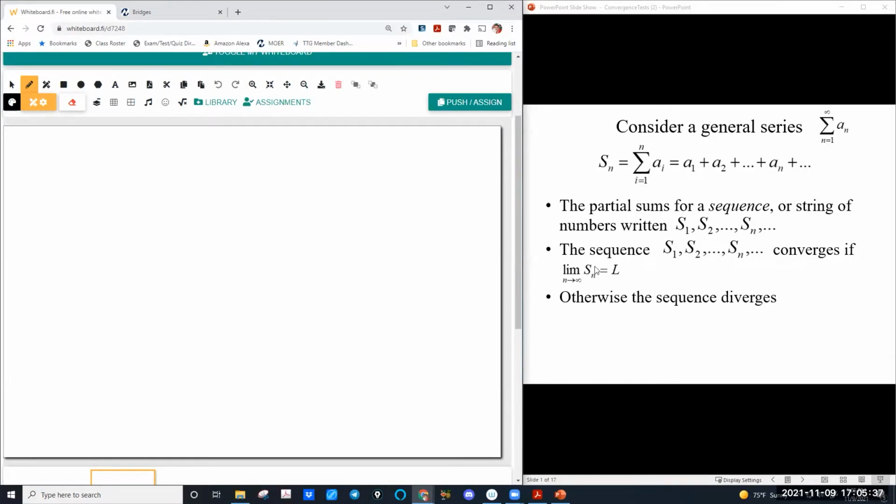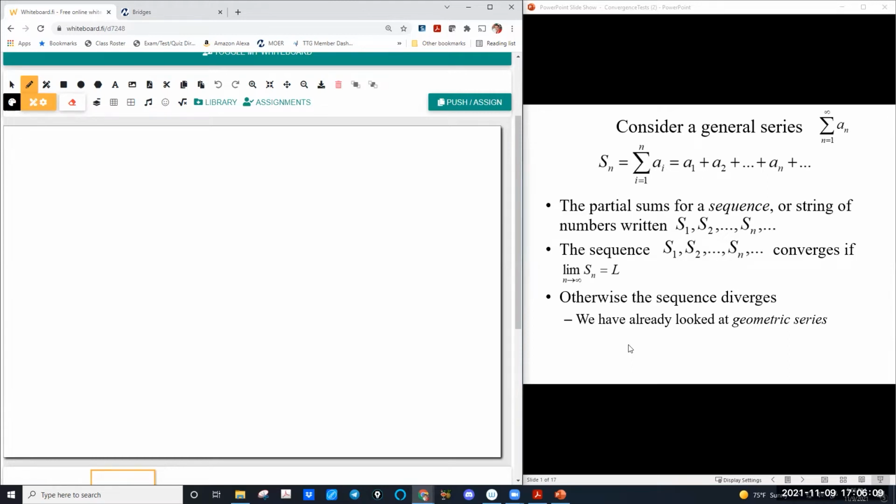Now, our goal in these next couple sections is to figure out when these converge or diverge. We'll actually use those facts when we start looking at power series in 8.5 and 8.6 in Taylor series. But for right now, our goal is just to prove whether we have a convergent or divergent series. We've already looked at geometric series, and we know that those converge when we have a common ratio less than 1.